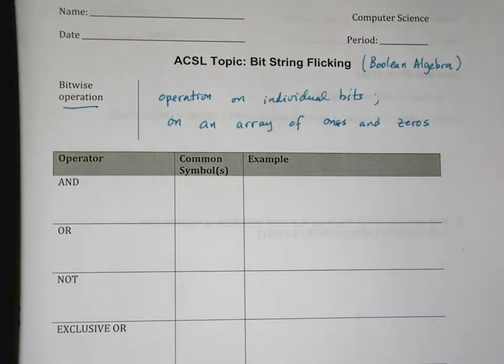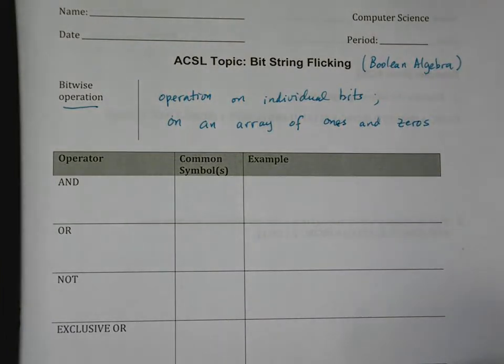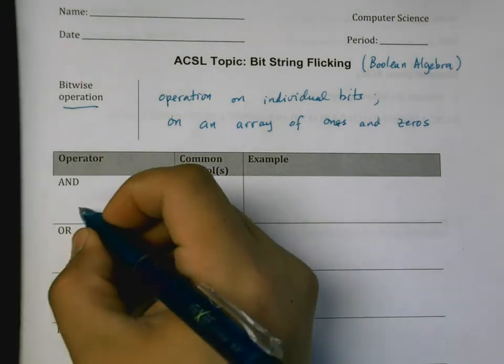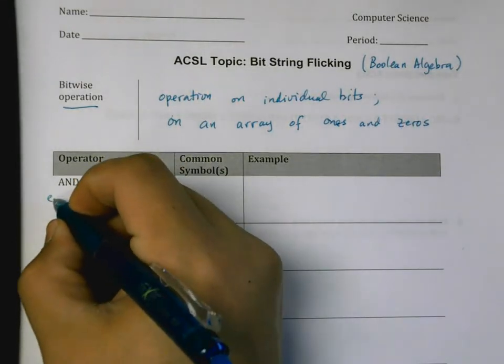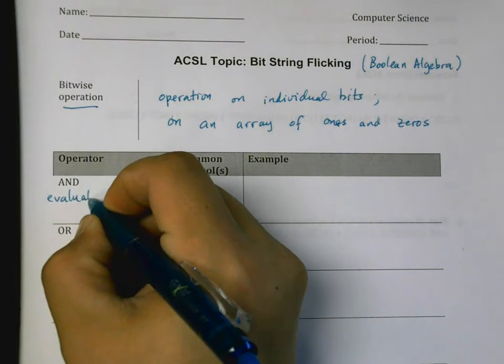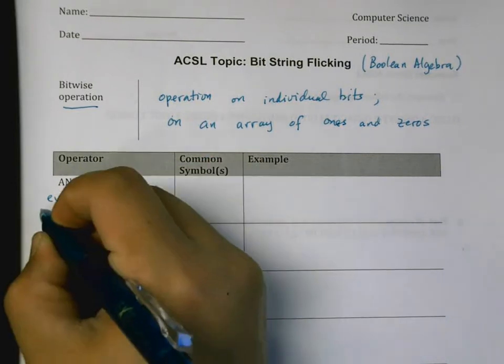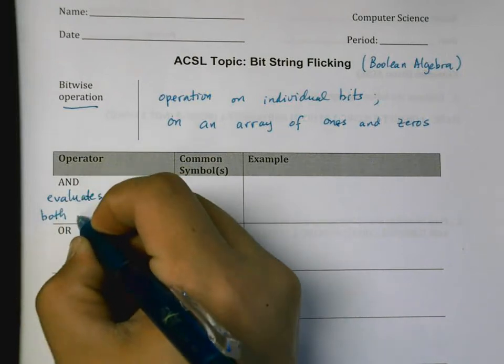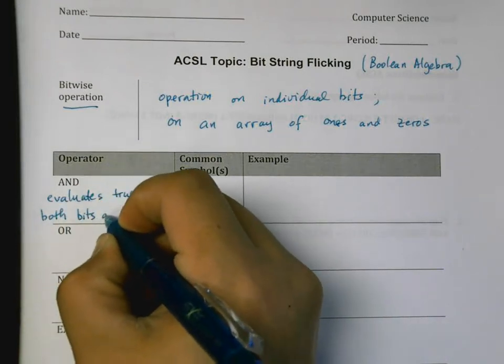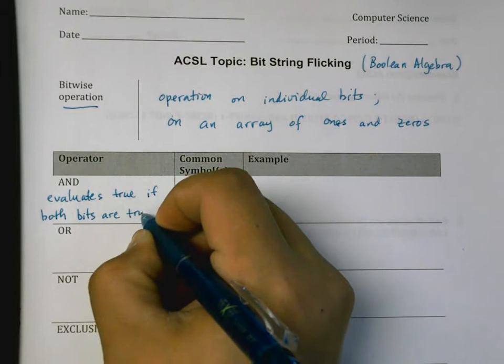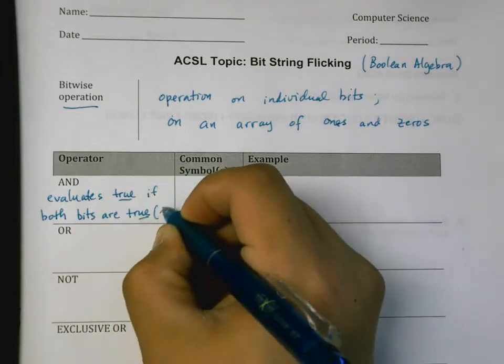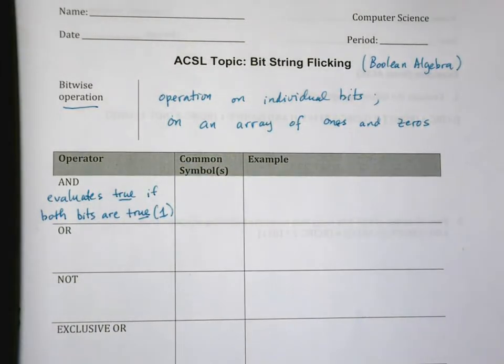So let's just dive right into it. It's probably easier to talk about these concepts after looking at some examples. So we have some operators here. The first operator is AND, which evaluates true if both bits are true. True here, we define as 1.